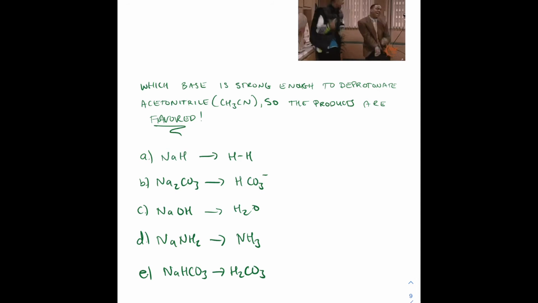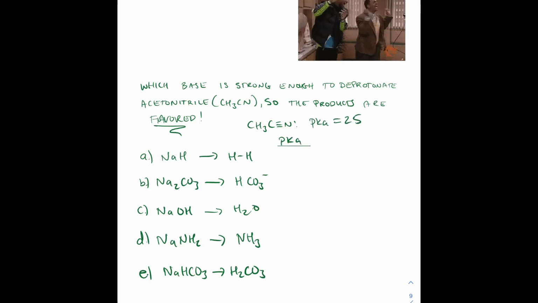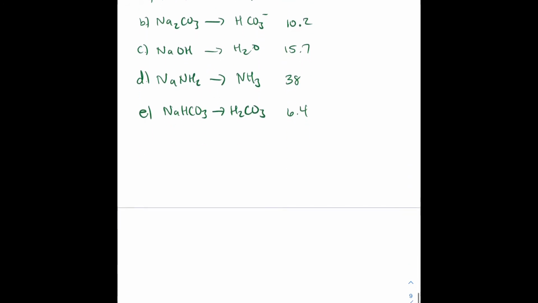So that's in order: sodium hydride, sodium carbonate, sodium hydroxide, sodium amide, and sodium bicarbonate. They go to H2 gas, bicarbonate, water, ammonia, and carbonic acid, having the pKa's of 35, 10.2, 15.7, 38, and 6.4.